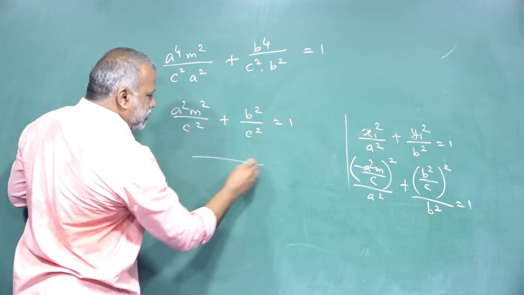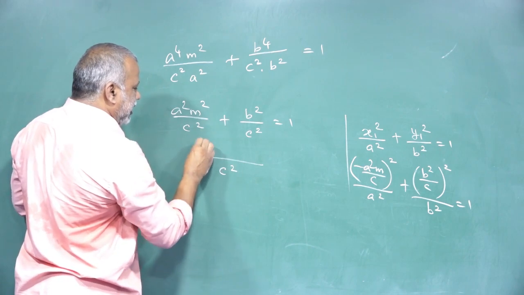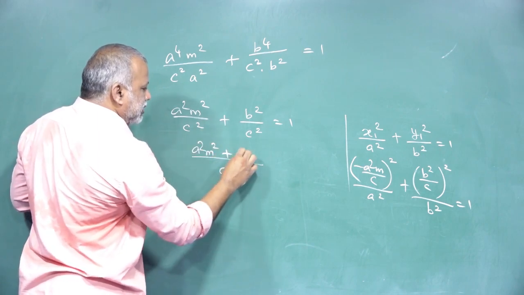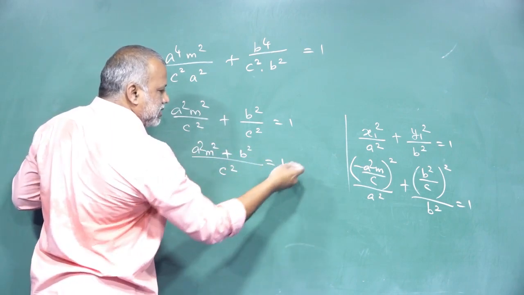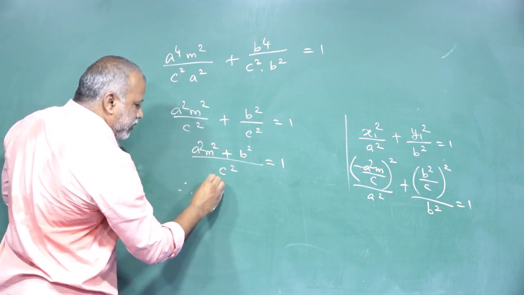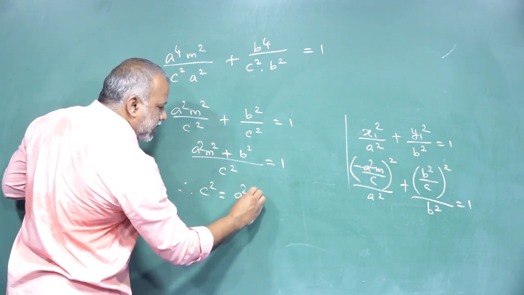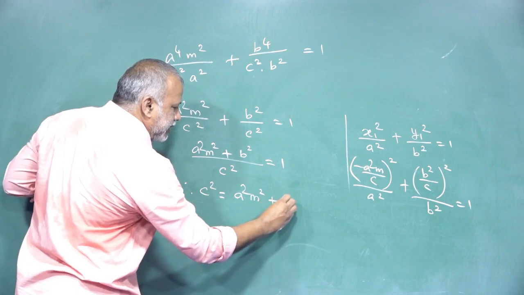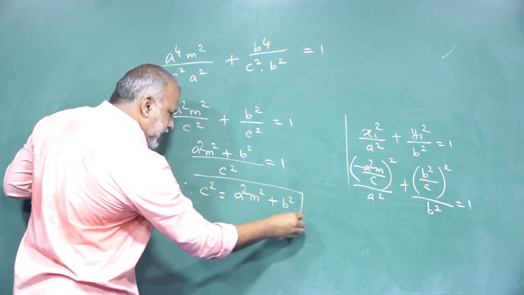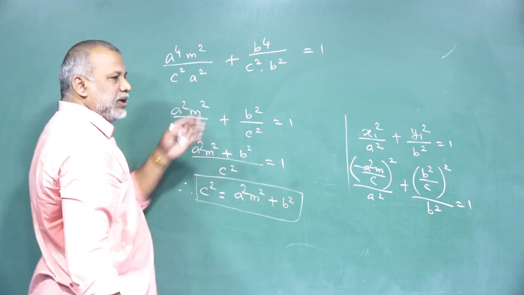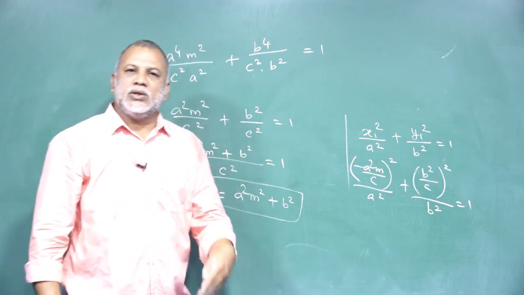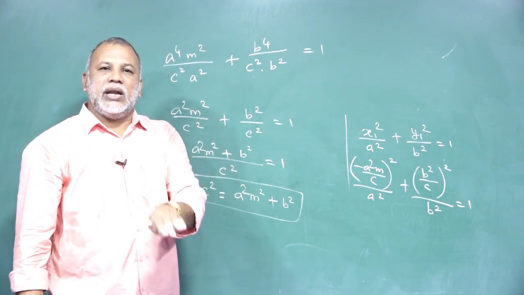I can take c squared as the common value. The remaining is a squared m squared plus b squared equal to 1, then cross multiply. Therefore c squared equal to a squared m squared plus b squared is the required condition for the line y equal to mx plus c to be a tangent to an ellipse.